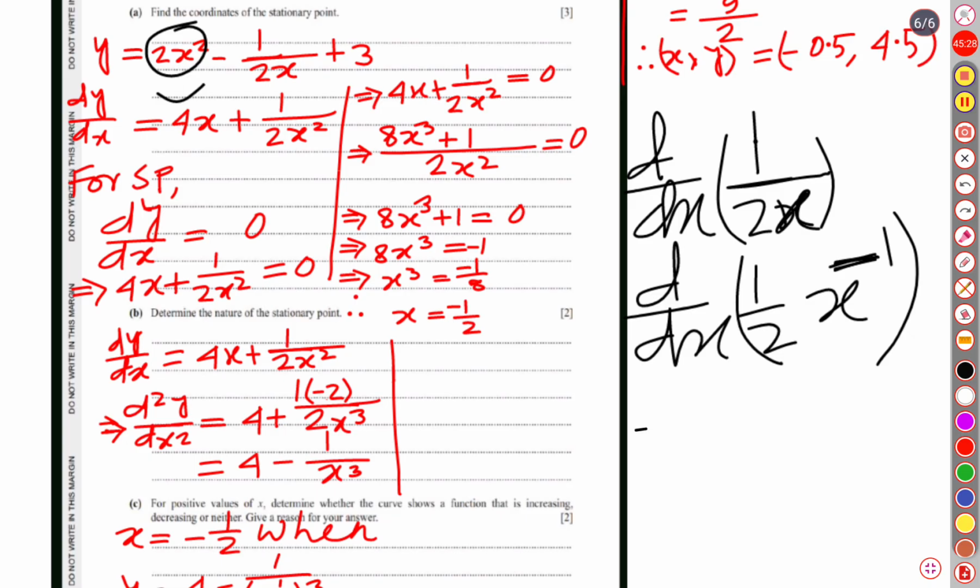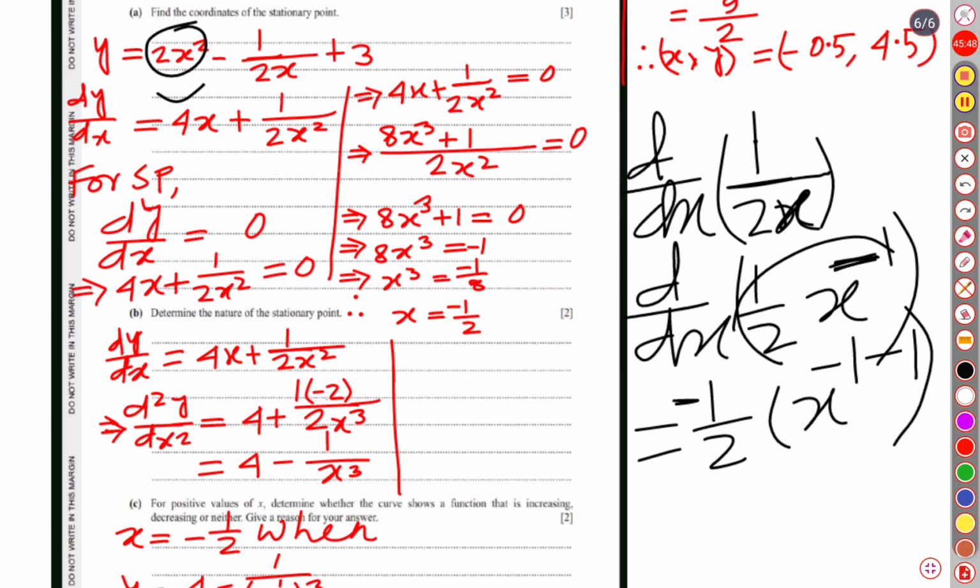So how will we solve this? This one will multiply the coefficient. So half into negative 1 is going to be negative half. Then what will happen? We know that the exponent is always reduced by 1. So we are subtracting 1 from the given exponent.